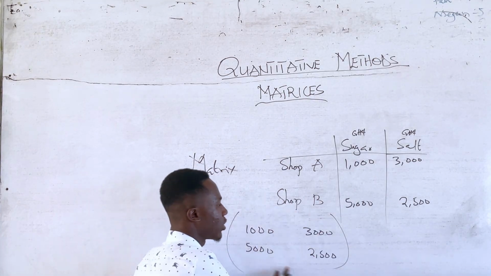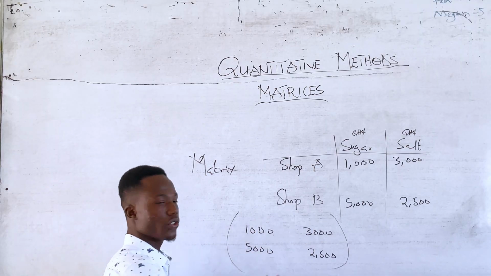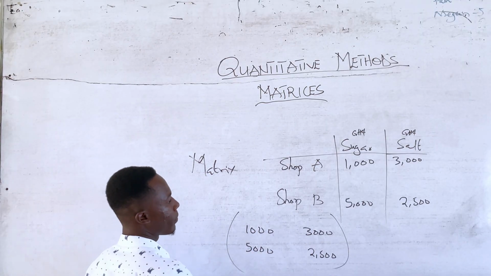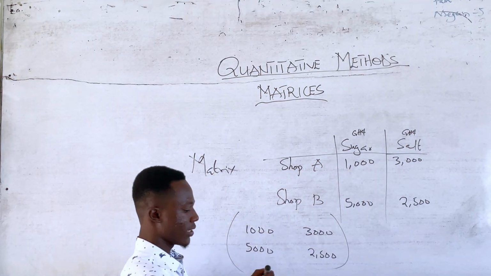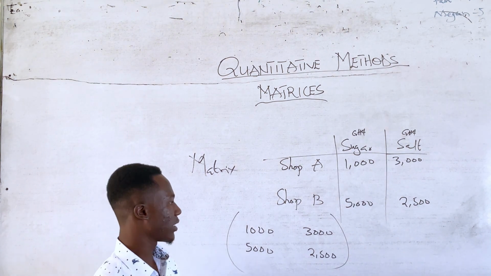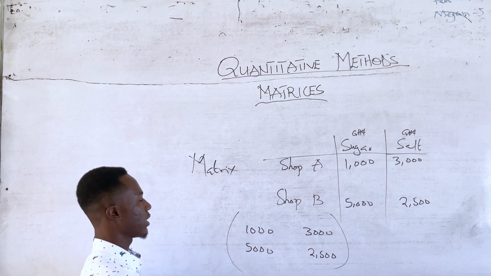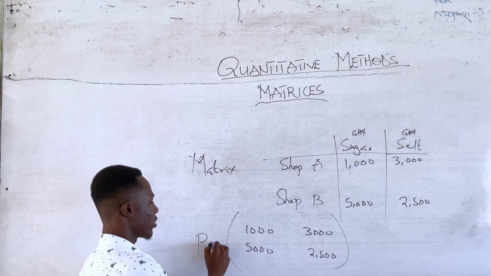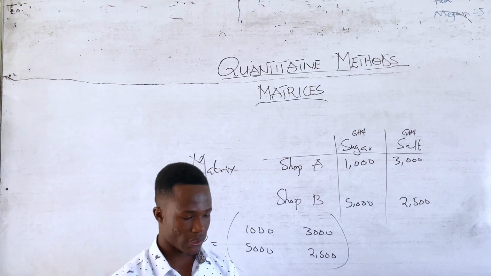And so there's the matrix. Do you get it? And so there's the function or the use of matrix. We represent the sales or the values in a tabular form. I hope you get that. So you can represent this by any letter. Let's say P equals this. And so this is the matrix. This is what we are going to deal with today.